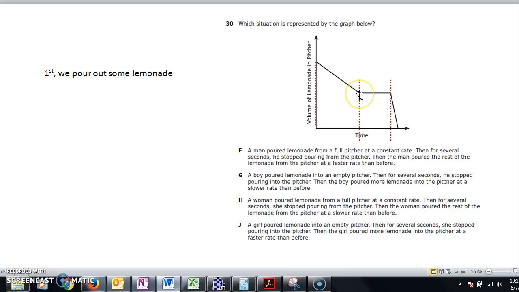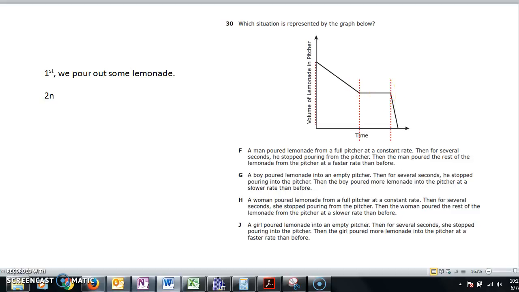And then at this point, the volume of lemonade stays exactly the same for a few minutes, hours, we don't even know. It doesn't really tell us. So for a little while, the volume of lemonade stays the same, the height of the lemonade stays the same.